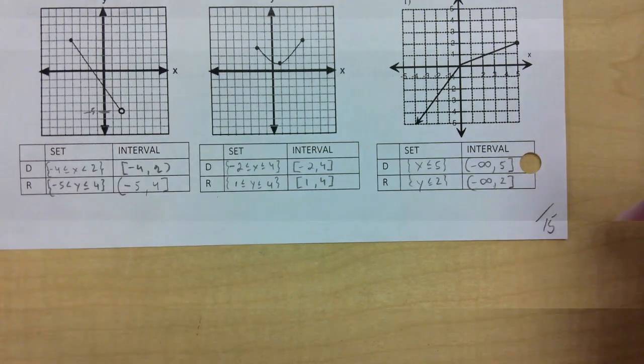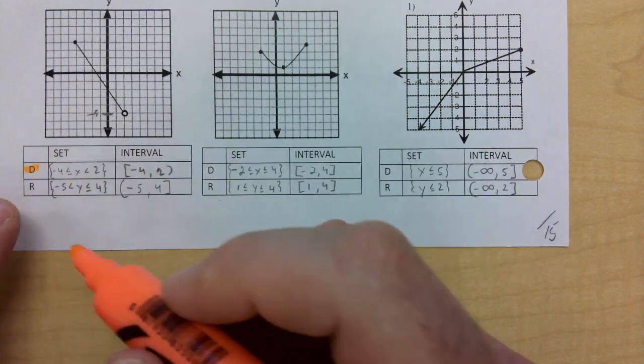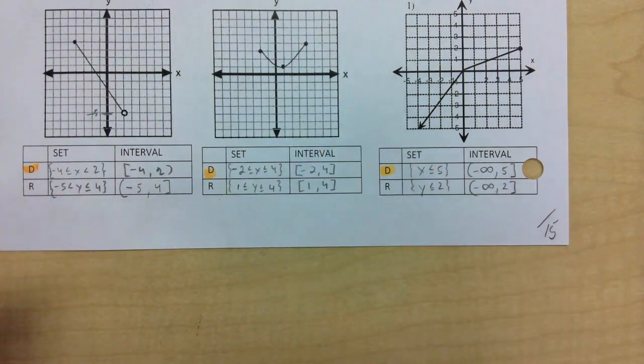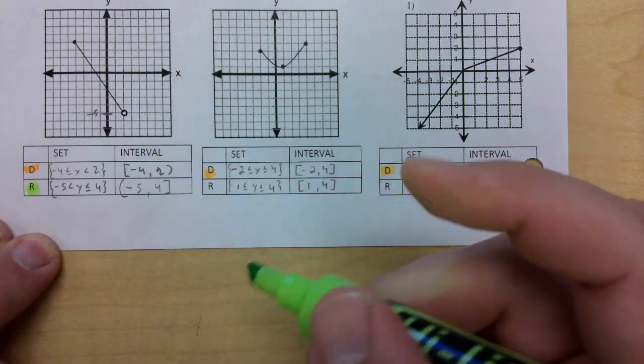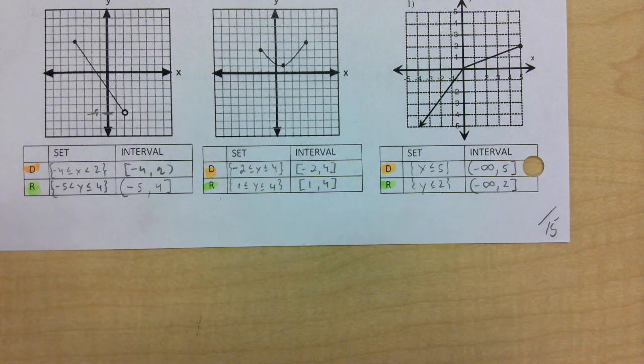And then you have your domain and range. Again, right, if you need highlighters, I'm going to do this with a highlighter. For the most part, it was done very well. It's just the largest, you mix them up. You need to have the smallest first and then the largest number second.